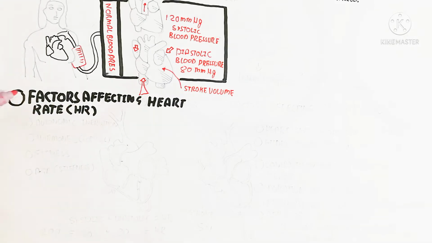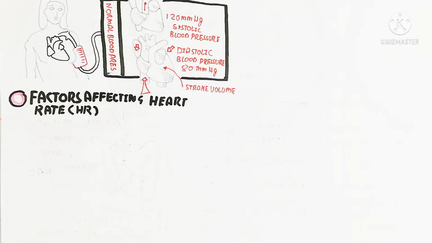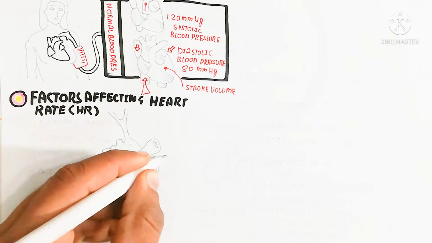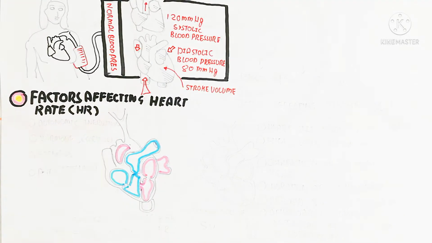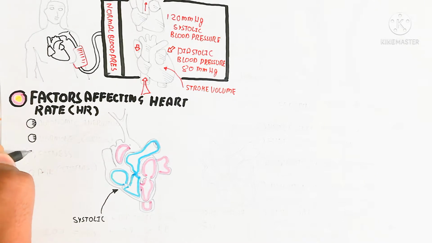So here we will discuss the factors affecting heart rate, HR. The heart rate will change throughout the day, so there are factors which affect the heart rate. What are the factors? We will discuss autonomic innervation.